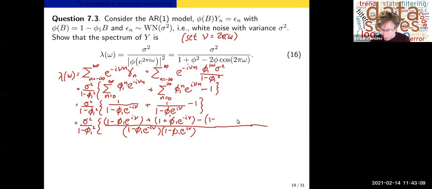I get a minus phi 1 e to the minus I nu, a minus phi 1 e to the plus I nu. And then if I multiply phi 1 e to the minus I nu times phi 1 e to the plus I nu, then the I nu's cancel out and I get phi 1 squared.